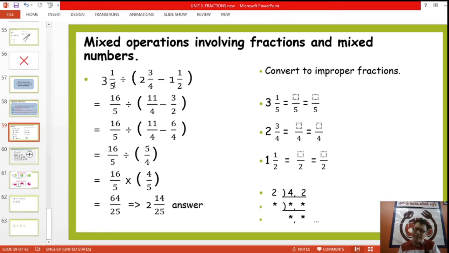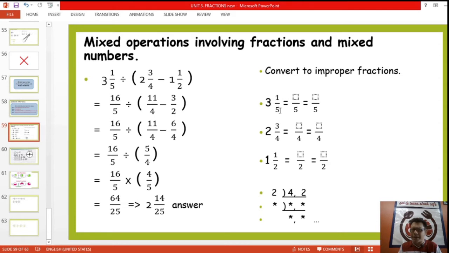I can give you a very detailed solution for this, but if you don't understand this part, you can go back to my previous videos because this was explained slower and better. So how to convert mixed numbers into improper fractions? Just multiply your denominator to your whole number and add the numerator.